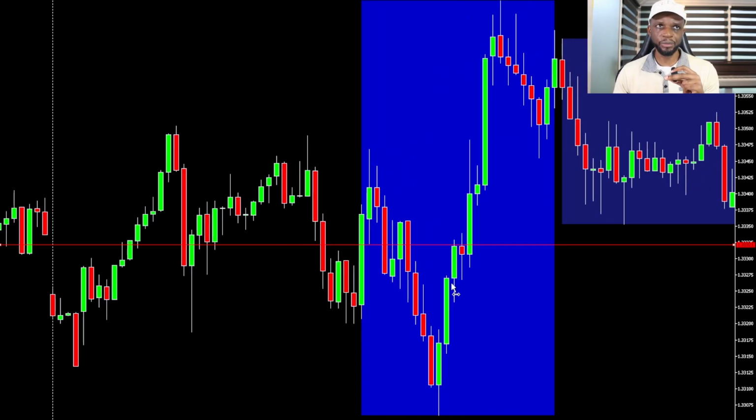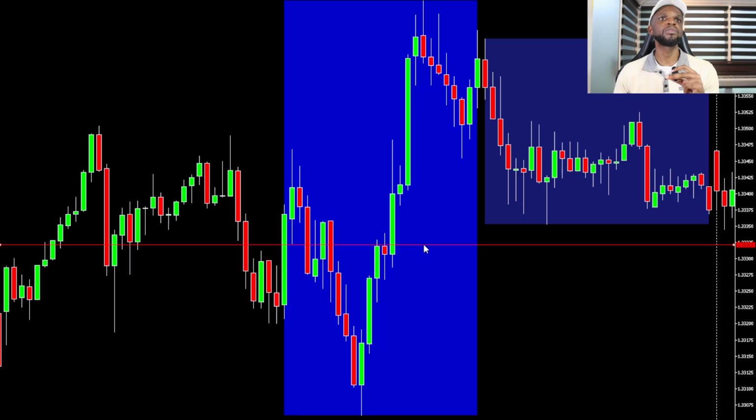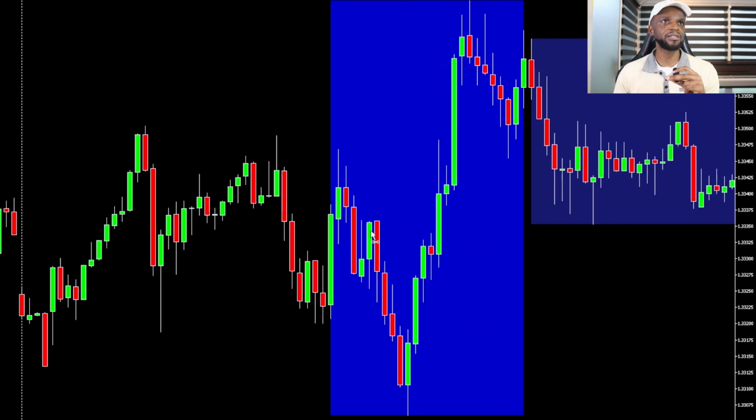Now, the last thing I'm going to mention is reward to risk versus strike rate. I probably have mentioned previously that I am not averse to negative reward to risk. And that's because over time, I've built strategies whereby my reward to risk is actually very low. So I'm usually trading a 1-to-1 or even 0.8-to-1.